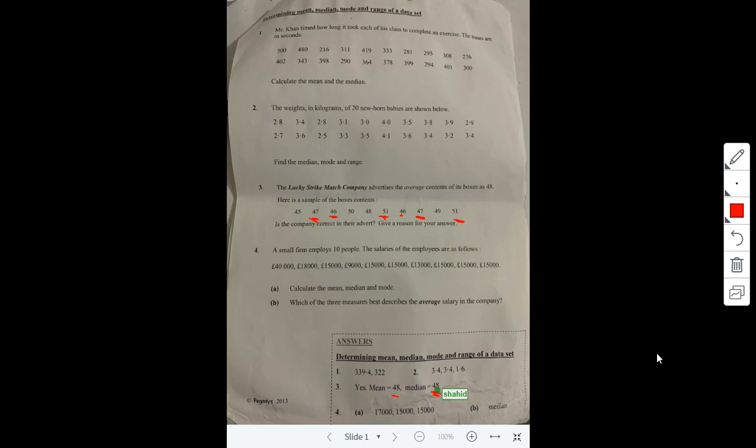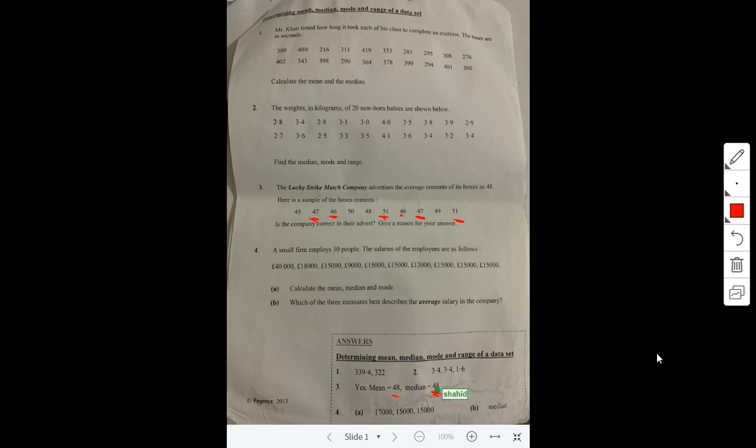So what if the mode was just one value, let's say 47, and the median was 48 and the mean was 48? Then would I put 48 or 47?